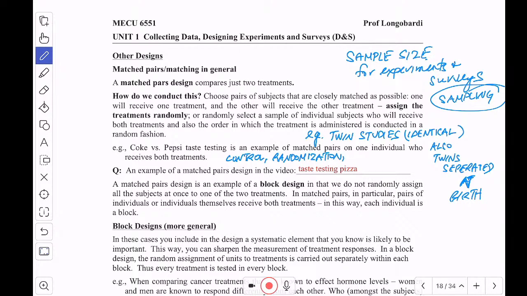And how is replication visible? How do we identify replication?